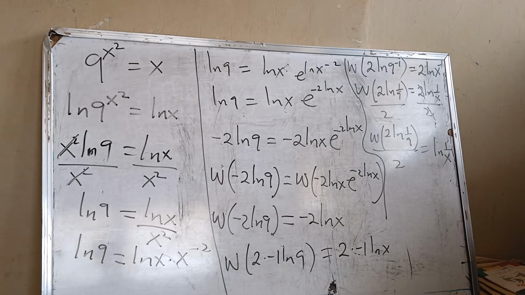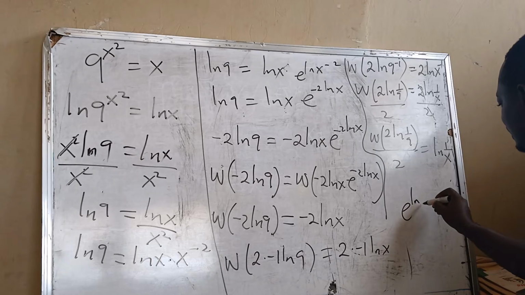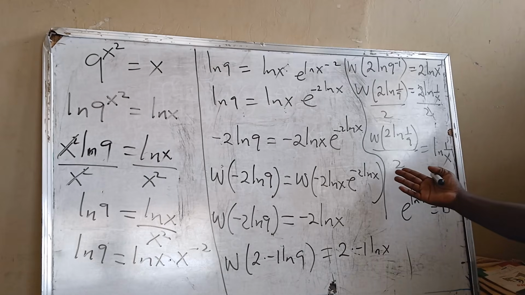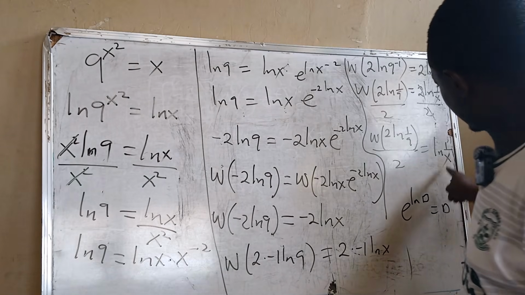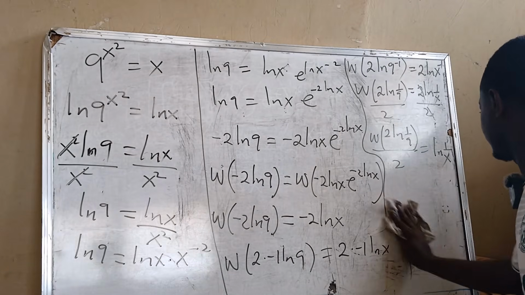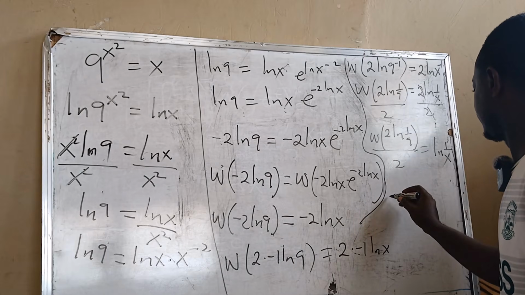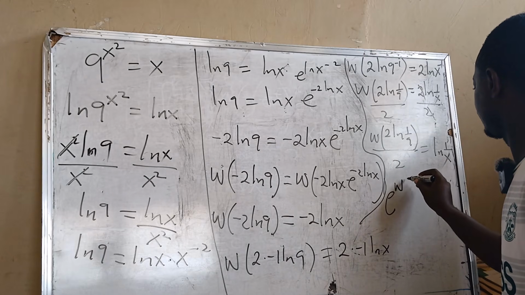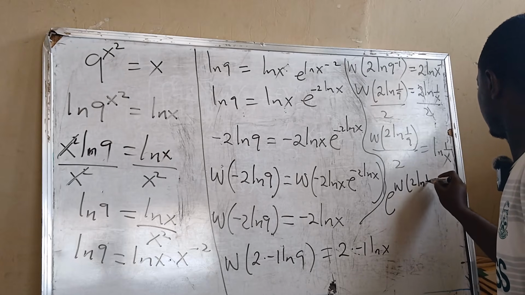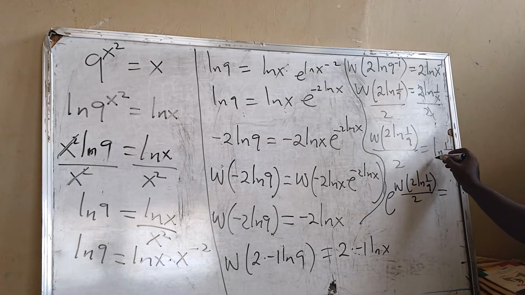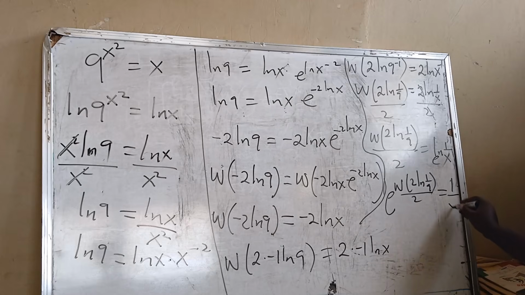Now the next thing is to remove this ln here, and don't forget that e raised to ln of box is box. So to remove this, we have to raise both sides with e, so that this one will vanish, leaving 1 over x. So I'll raise both sides with e, so e raised to the W function of 1 over 9 on 2 equals 1 over x.